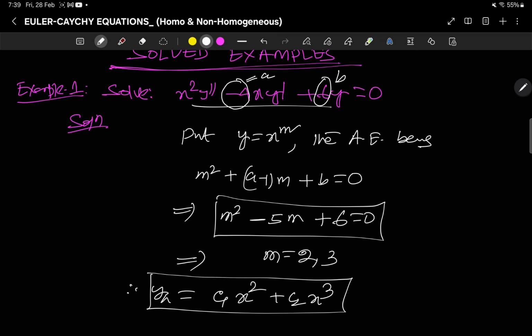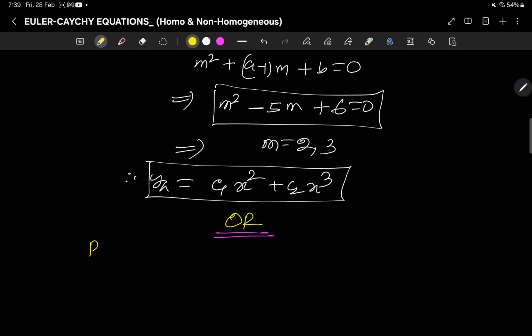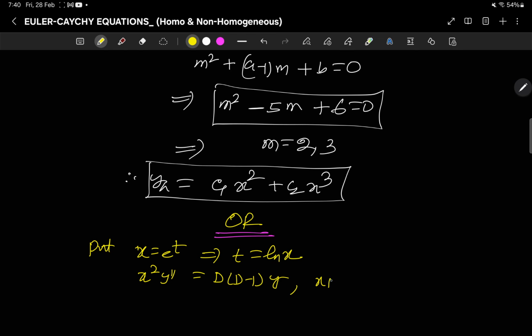Okay, now alternatively, as I have mentioned, put x is equal to e to the power t, which implies t is ln x, and accordingly x square y double dash is D into D minus 1 y, and xy dash is Dy.